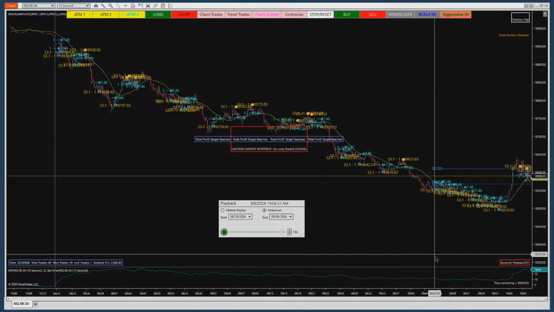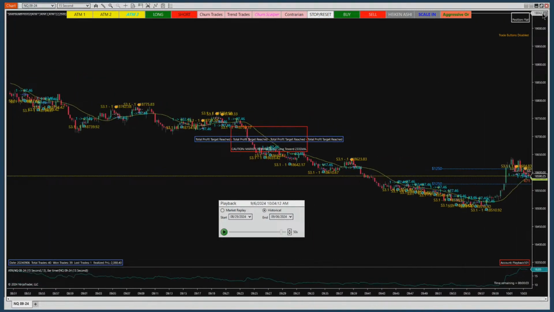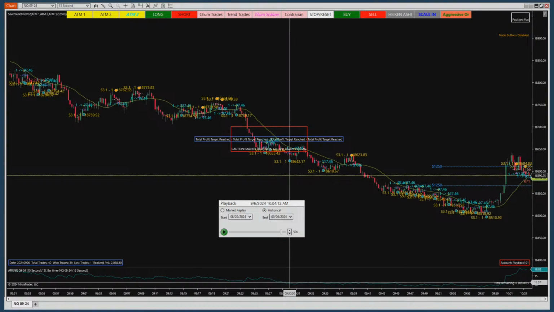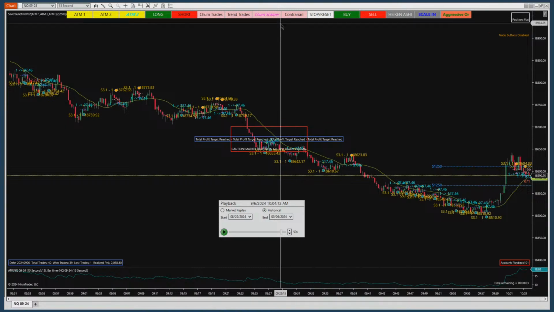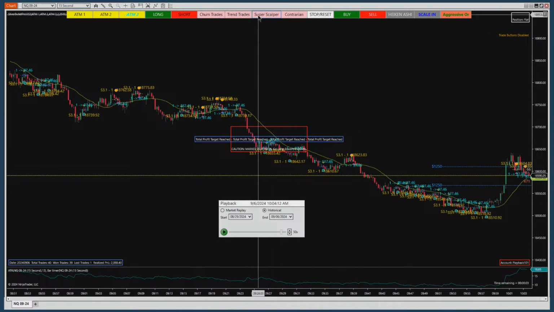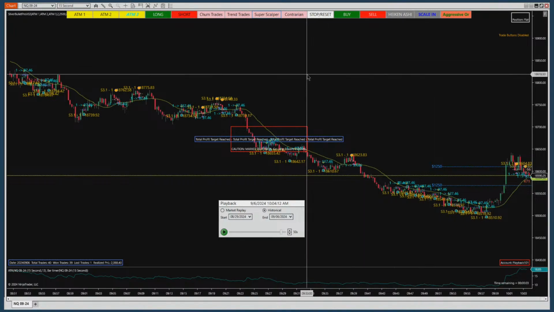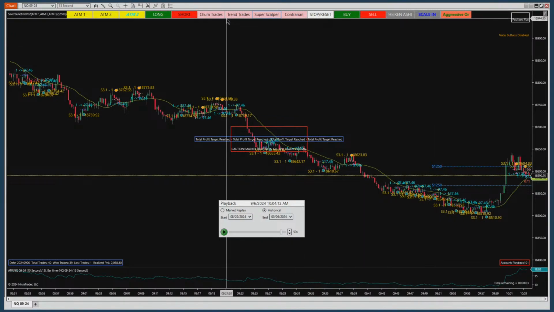I don't think it had to scale in ever. Today's market was all downtrending. Sometimes it scales in to come out of a losing position. I could not show that in this demo, but some other day maybe I'll show.